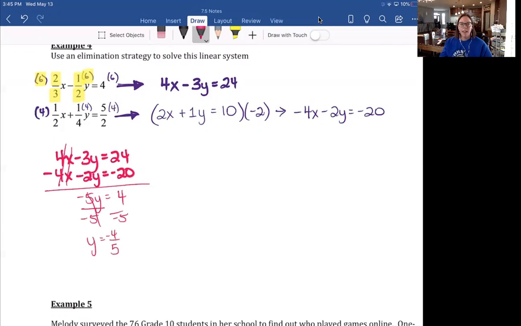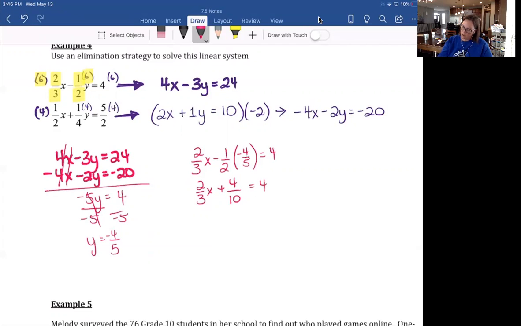Okay? Then to solve for x, I'm going to go back to an original equation. So 2/3 x minus 1/2 times -4/5, that was my y value, equals 4. Multiply fractions top by top, bottom by bottom. A negative times a negative is a positive.